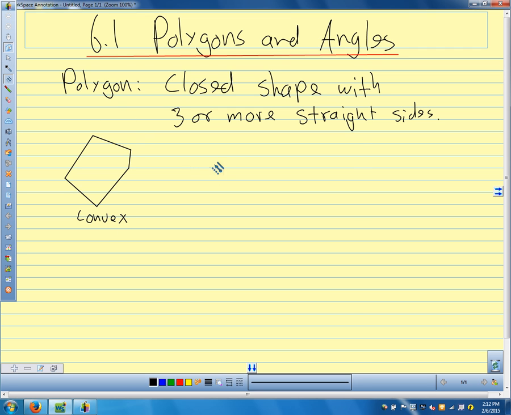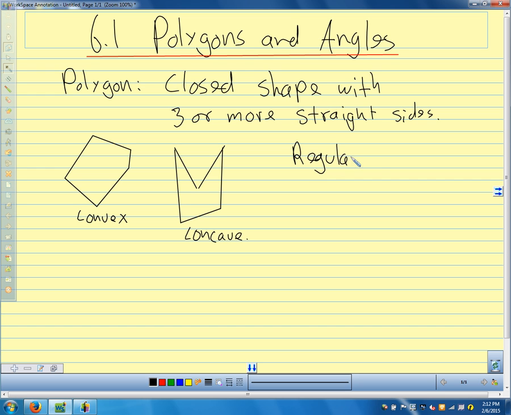And if we have an angle that goes in, so if it looks like that, that would be a concave polygon. We don't use the terms a lot in this course, but I think they do show up here and there, convex and concave.